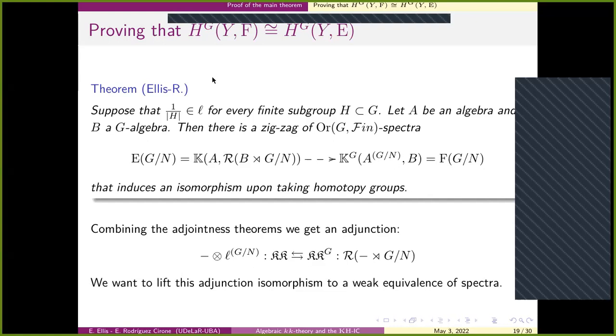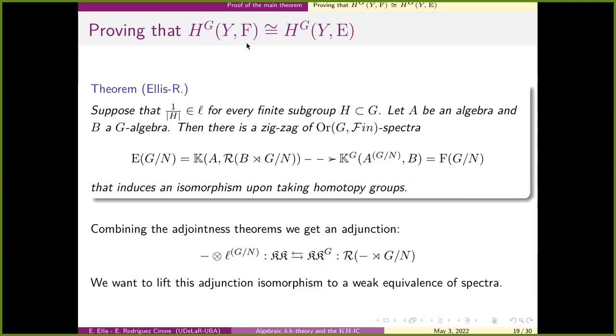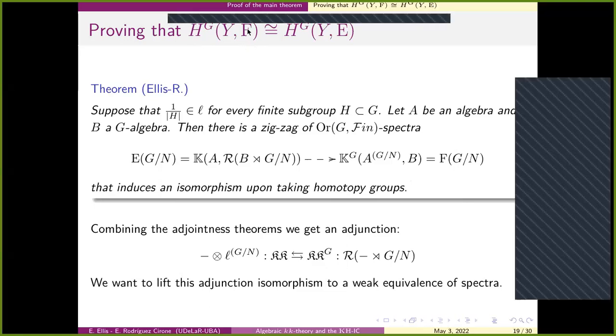Okay, so I will talk about the second step in the proof of our main theorem, which is showing that the equivariant homology of a G-finite complex Y with coefficients in F is weakly equivalent to the homology of Y with coefficients in E. F and E are the spectra that you can see here.